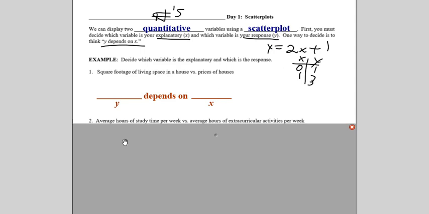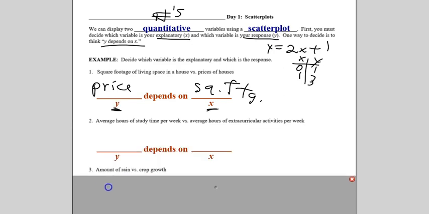What do you think it's going to be? Yep. So price depends on square footage. The more square footage you have, the price goes up. So this is putting in for x, and then this is what we get for y. Y depends on x.